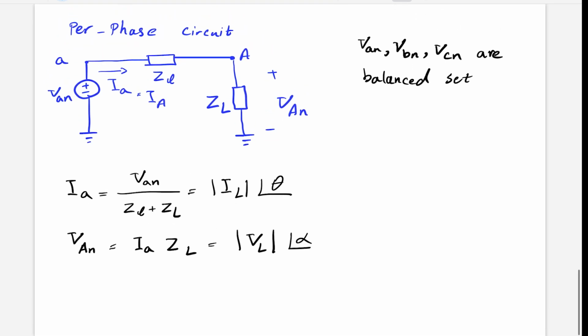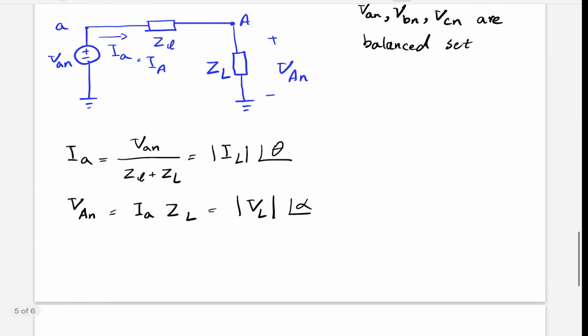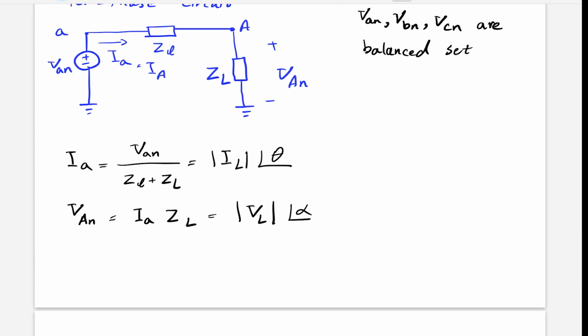We can find IB and IC as well, or VBN and VCN as well. So IB will have the same magnitude, but minus 120 degrees.